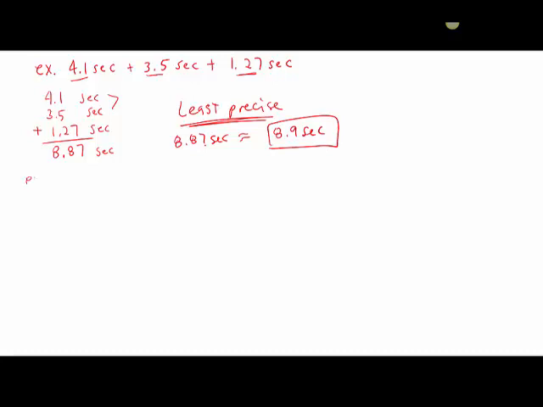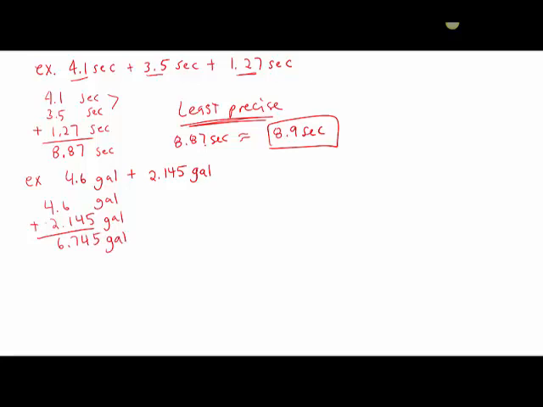Okay, so let's look at another one. What if we have this example: 4.6 gallons plus 2.145 gallons. Again, we line it up. This is gallons and that's gallons. When we add that, we get 6.745 gallons.